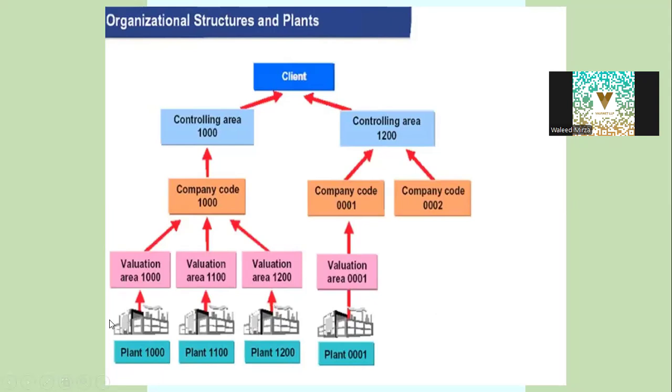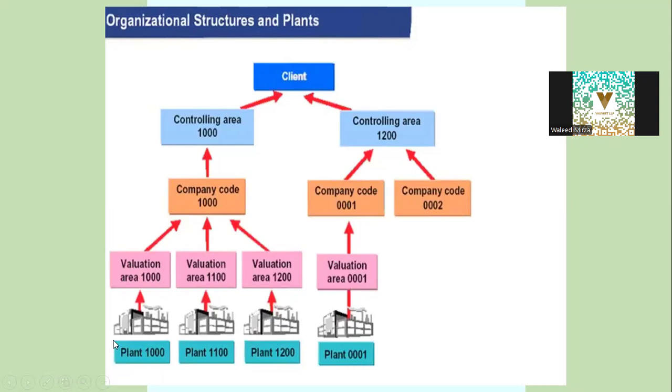For example, your plant is in Philippines, but your company code is in Dubai. Valuation of that stock that is being consumed or procured or manufactured or scrapped will be evaluated in multiple currencies, USD, dirhams, and Philippine pesos.